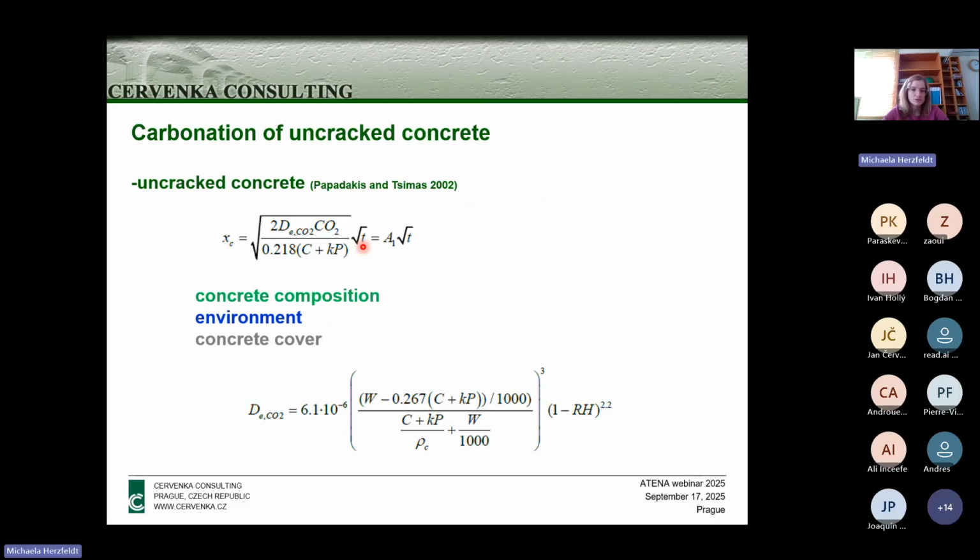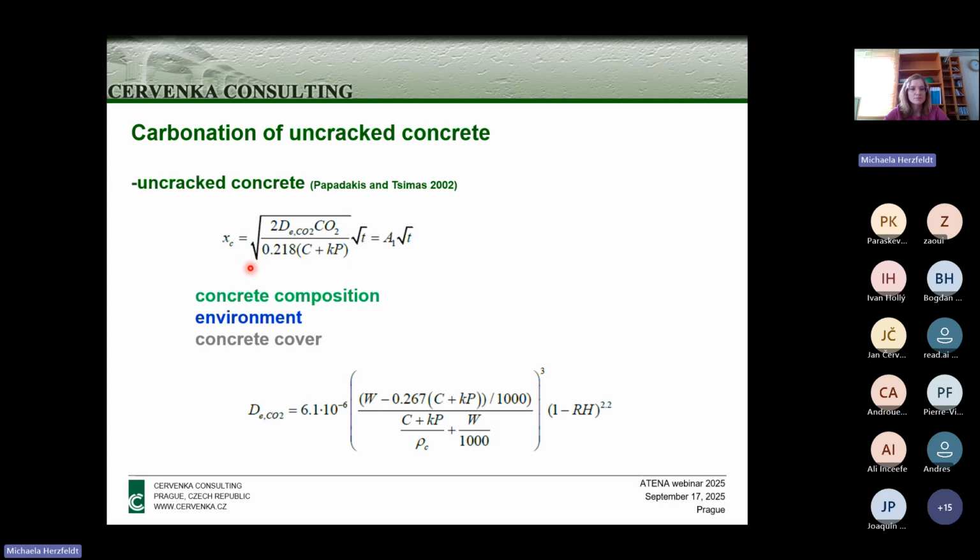So now I will divide the model between carbonation and chlorides, because we have different formulas for it. For carbonation, we also divide for carbonation of uncracked concrete, where you can see this formula for carbonation depth, where it reaches from the surface. The carbonation depth is the distance from the surface that is loaded.